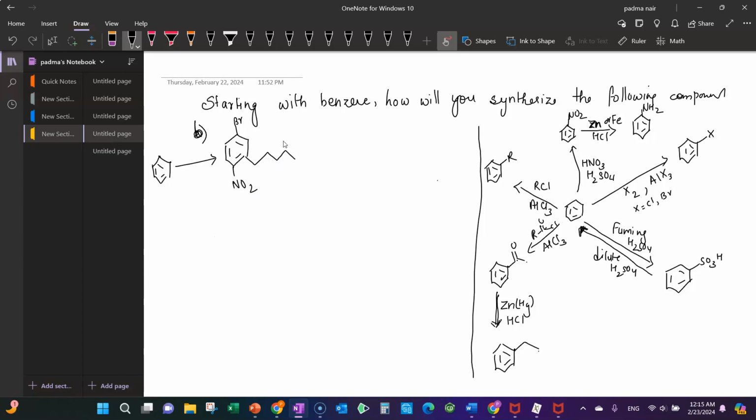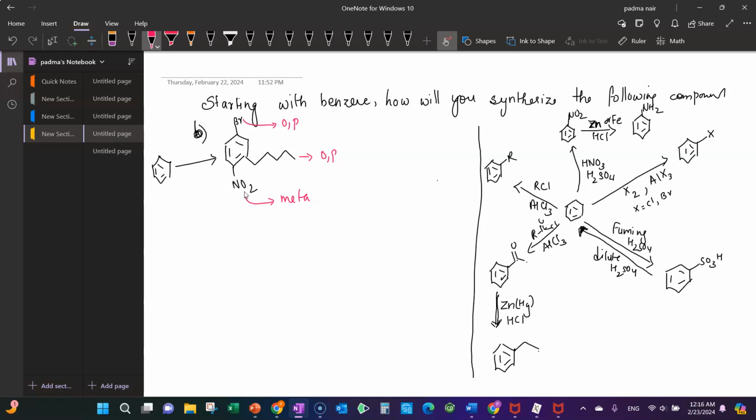Okay? Now, if you look at each of these groups that are attached to benzene, PR is an ortho para directive. Alkyl groups, these are also ortho para, and NO2 is a meta directive. Okay? So if you want to place a group like Br or alkyl group, you can put that, but then the next incoming group will either go ortho or para to them.